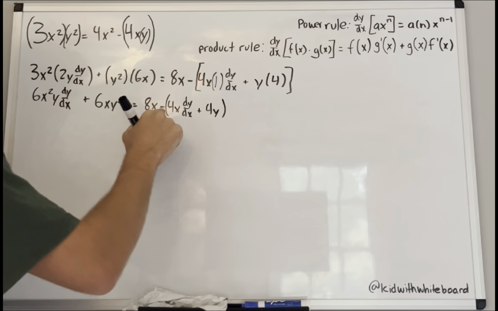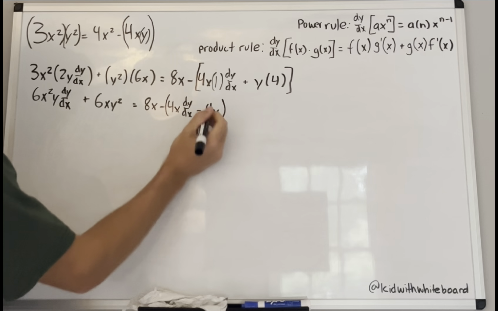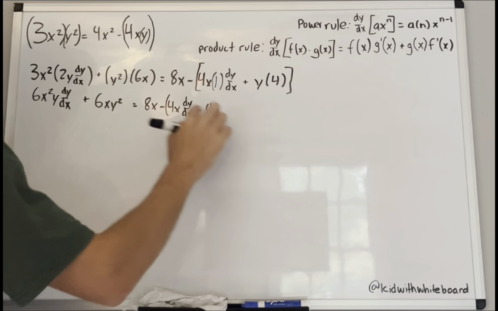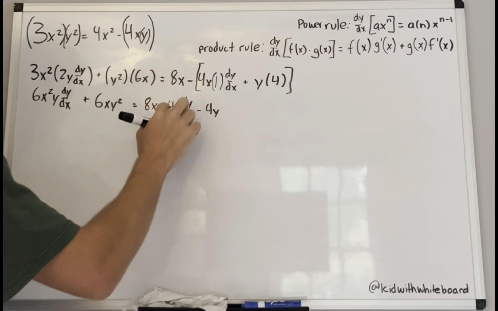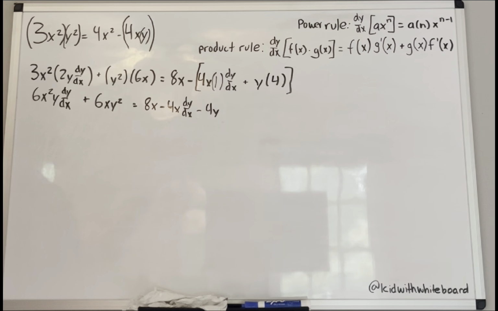And then this minus will turn this plus into a minus, and I'll go ahead and take these parentheses away. And then from this point, you need to get your dy's and dx's all on the same side so that you can factor it out.